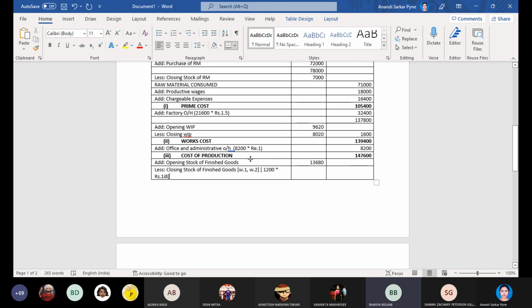Why can't we take 1,000 units, for which we have the amount 13,680, then add 200 into 18? In that case the profit will be much higher. But you have brought in certain materials and you have sold some. So closing stock of finished goods is that unsold stock.